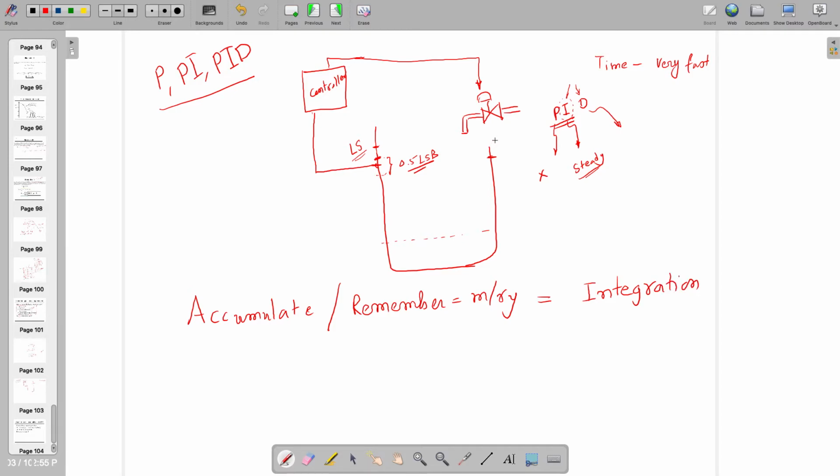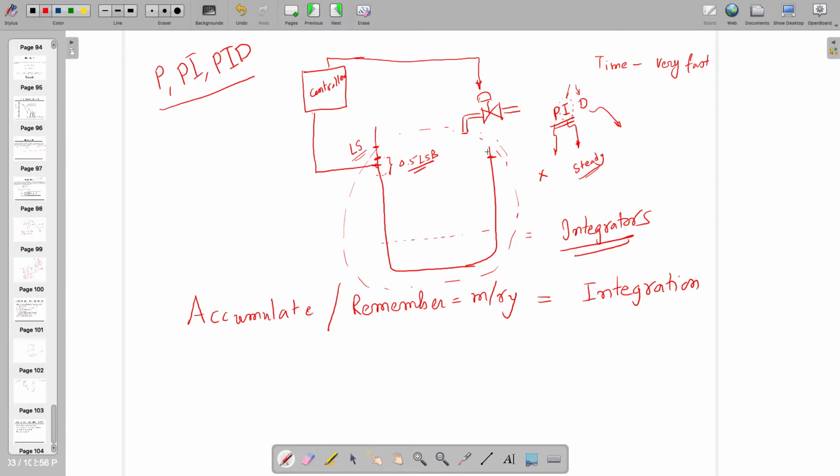So this particular tank, if I'm replacing it with even a capacitor, or any memory, or a D flip-flop, latch, or anything which is going to remember the previous state, all are integrators. So if this is the case, we are not going to ever use PI, because integration is already there.